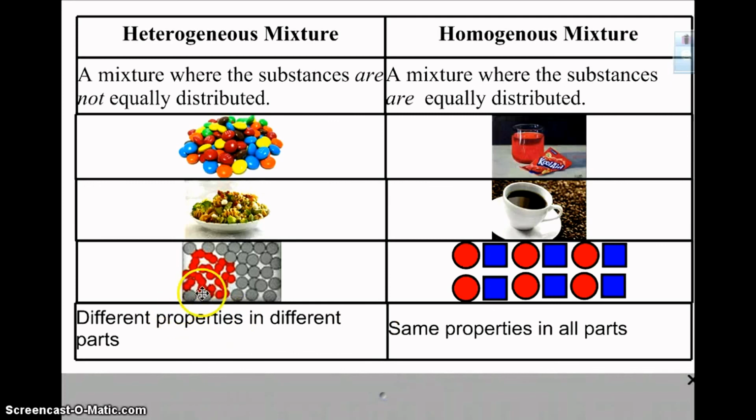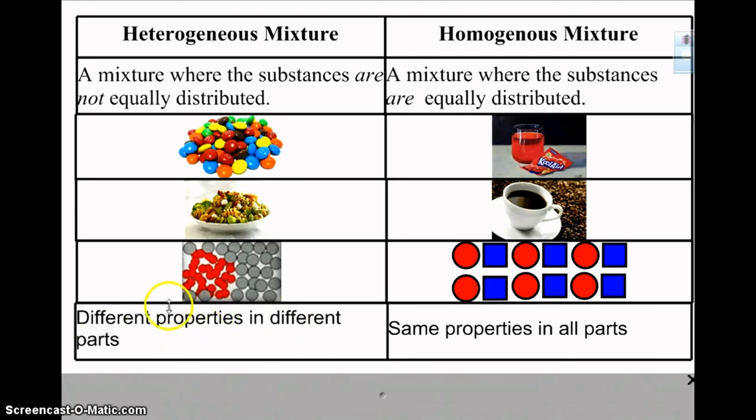Something else to know about these mixtures: a heterogeneous mixture is going to have different properties in different parts. You could have solid properties, gas properties, or liquid properties, or different chemical properties as well, like ability to combust, ability to oxidize, or ability to float.